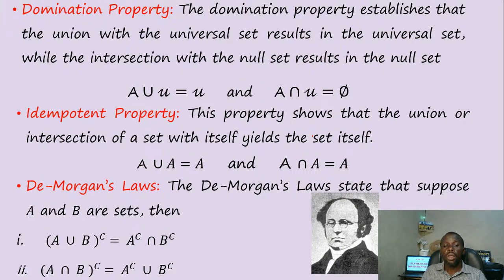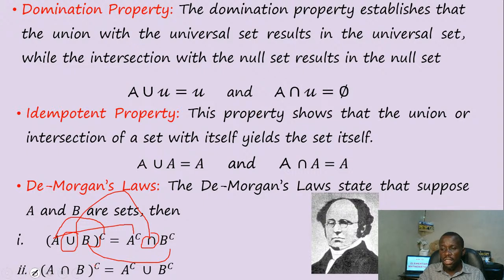Now, you will see a bit of magic there. When the complement is being distributed to A and B, what happens to it? It's being split. The union becomes intersection. This is what I mean here. When this complement is being distributed to this one, and when it's being distributed to this one, this union becomes an intersection.